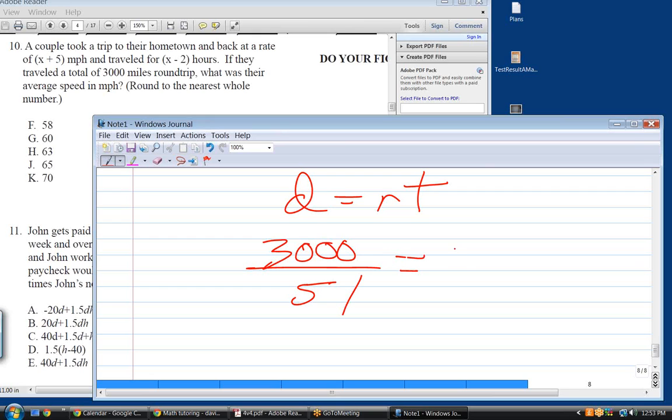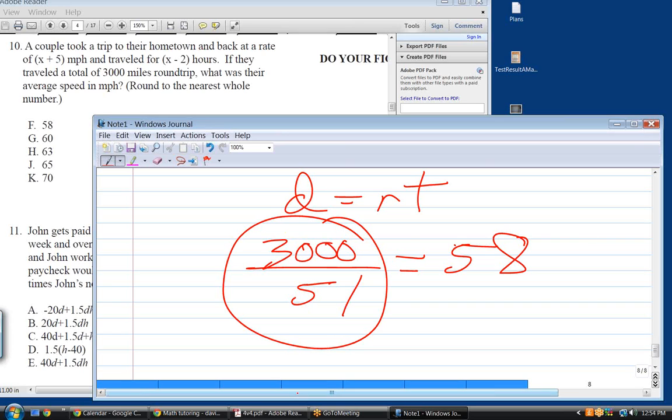Now, is that equal to 58? And I'll bet it is. If you put it in your calculator, it's going to be very close. And you can tell they say round to the nearest whole number. So, yeah, it's 58. If I divide that by 5, I can only divide it in there 5 times. And so it's 5 plus.